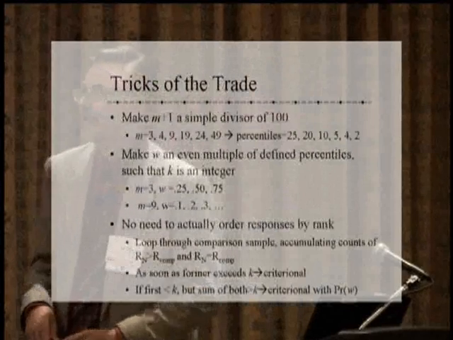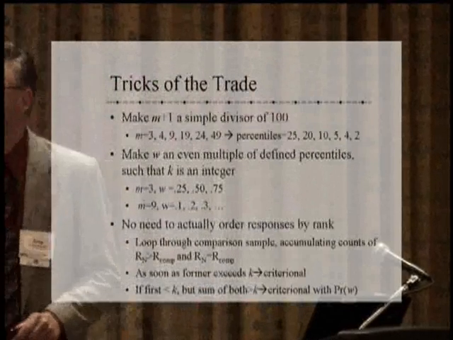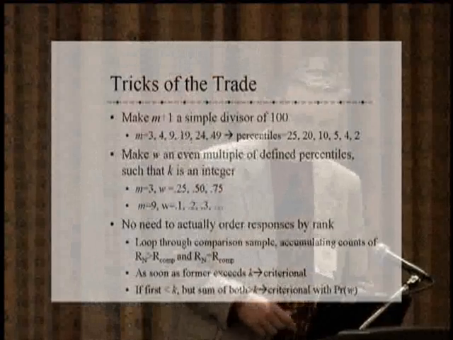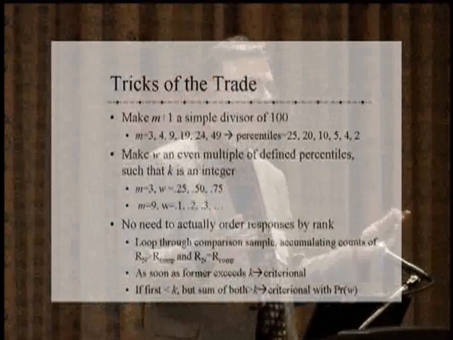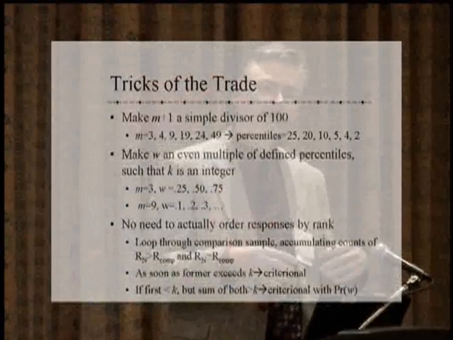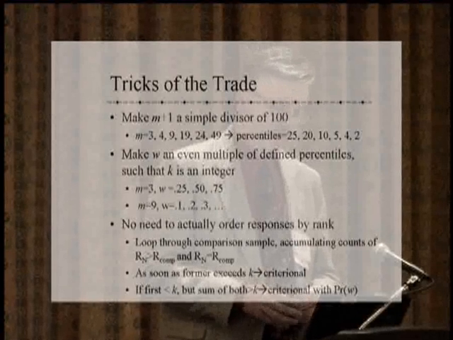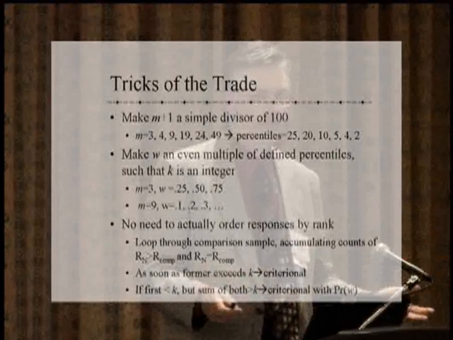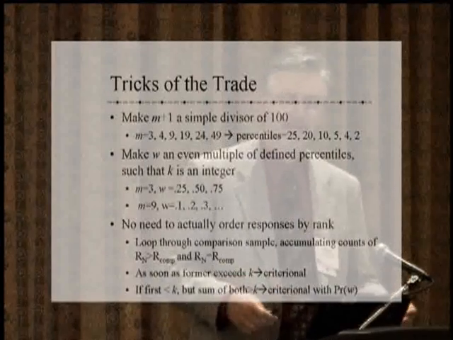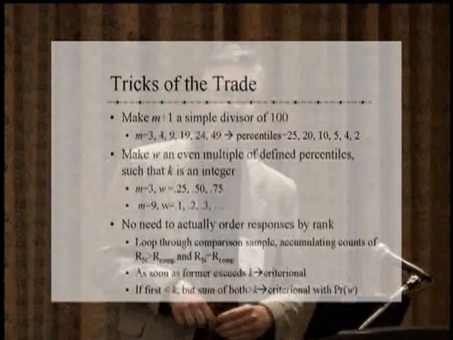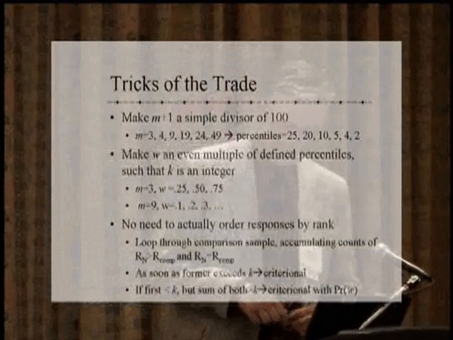Some tricks of the trade. You should make m plus 1 a simple divisor of 100. The reason to do that is because it defines integer percentiles within the distribution. If m equals 3, you define quartiles. If m equals 9, you define deciles. If m equals 49, you define 2 percentage points of the distribution.